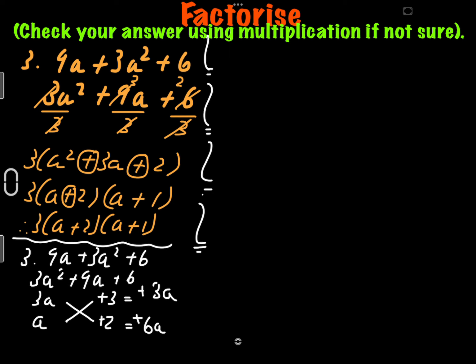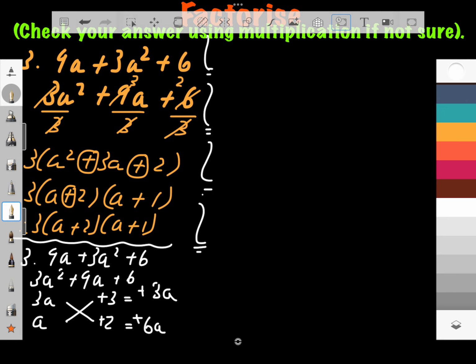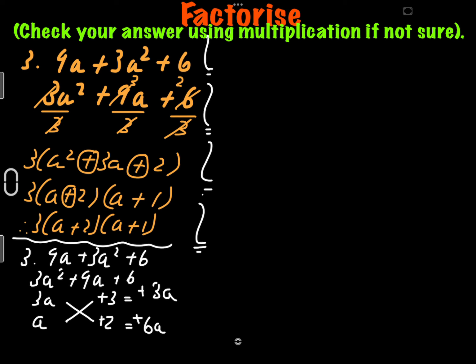Now notice, after adding these two products, they must give me the sum of this value there, which is positive 9a. So positive 3a plus positive 6a gives us positive 9a.